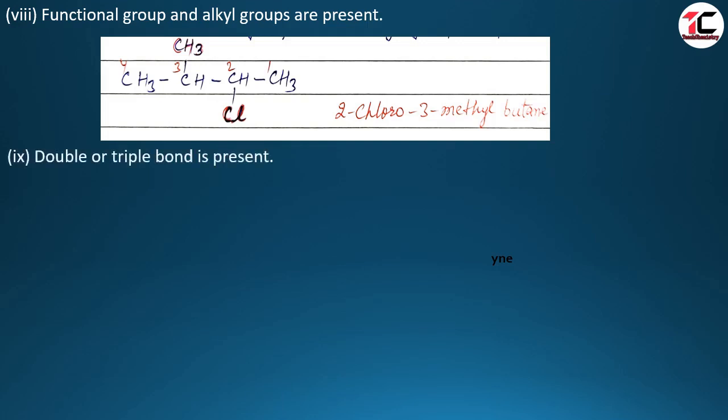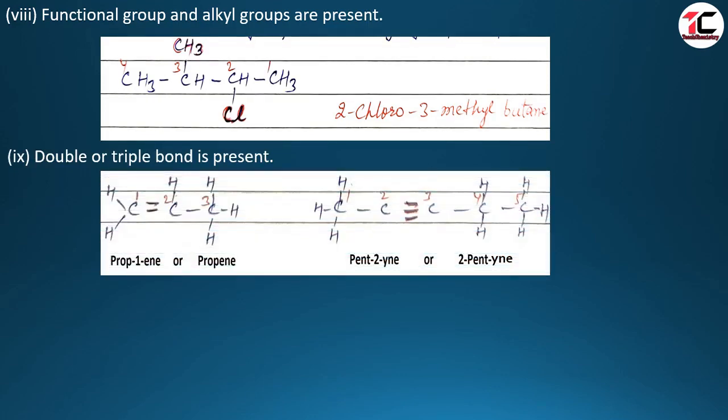The next one: if a double bond or triple bond is present, let us see in the diagram. Here is a chain of 3 carbon atoms and there is a double bond between this and this carbon atom. So first we have to number. We will start numbering from this side because the double bond is nearer to this side.